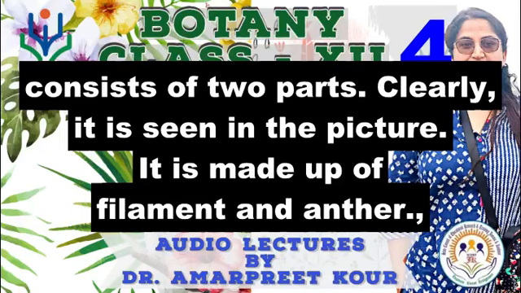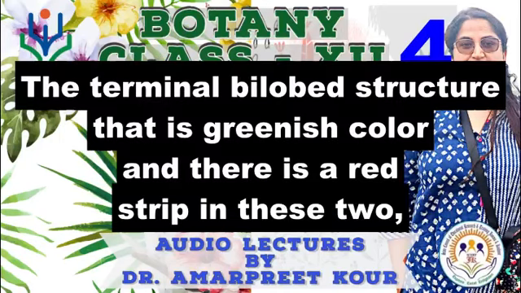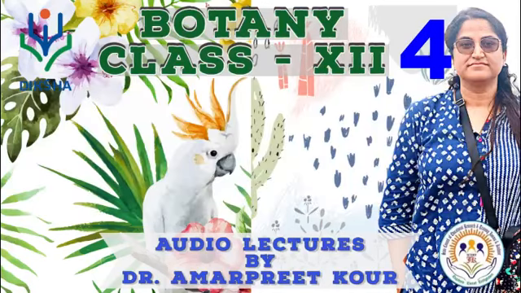It is made up of a filament and anther. The terminal bilobed structure, that is greenish color, and there is a red strip in these two bilobed structure. This is the anther, and the long tube-like structure is known as filament.